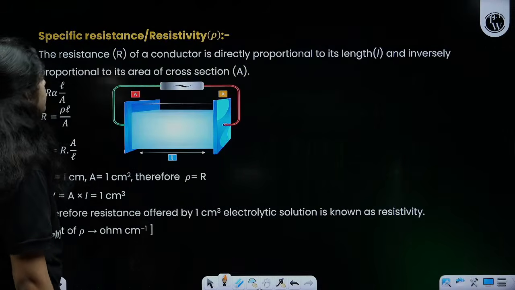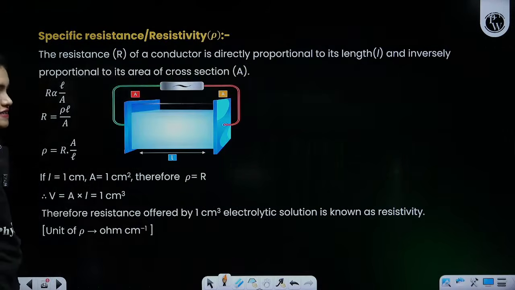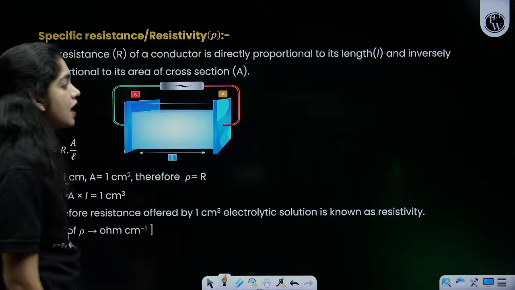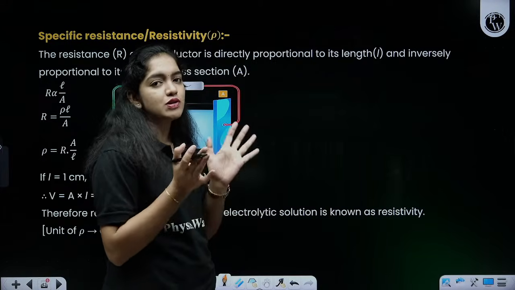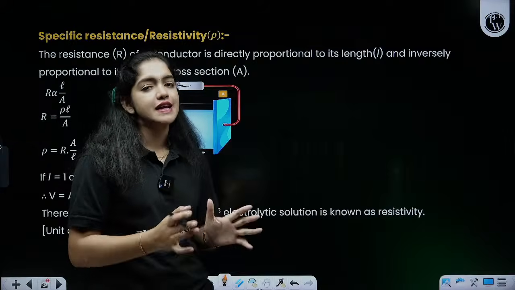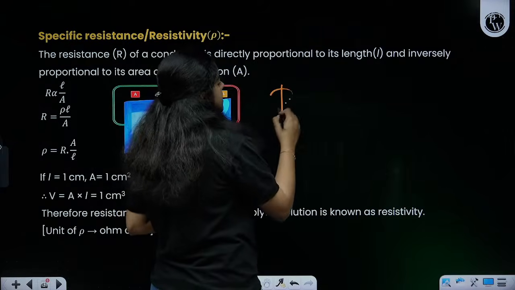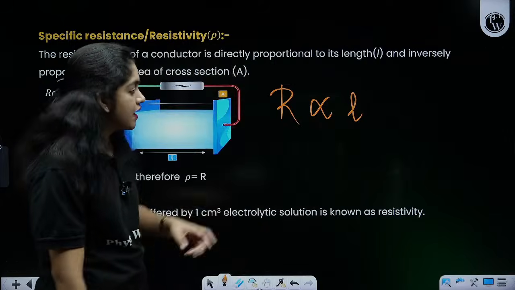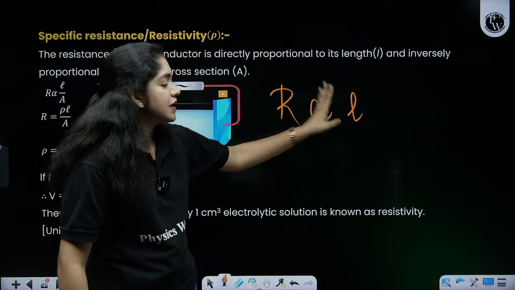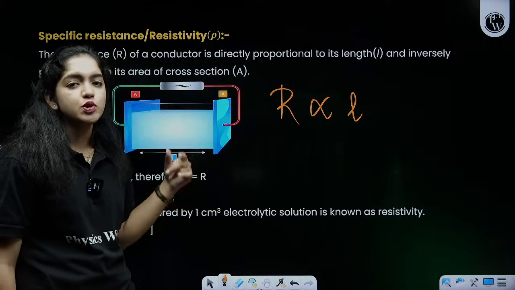Next, we are going to learn about specific resistance, resistivity. The resistance R of a conductor is directly proportional to the length. We are going to do a derivation. It is very important to learn about resistance, resistivity, conductance, conductivity. Resistance is directly proportional to length and inversely proportional to the area of the conductor.